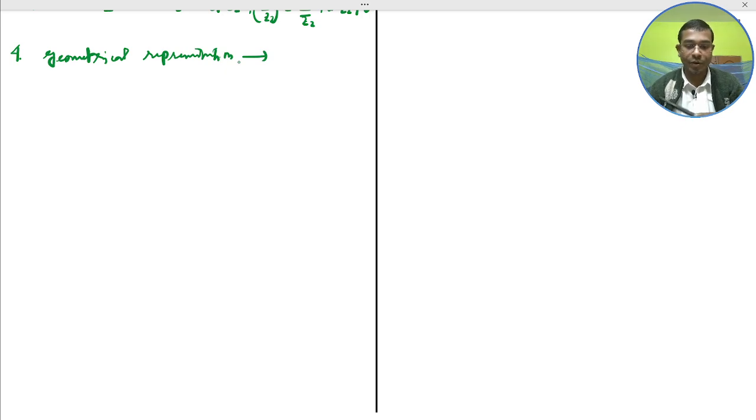Geometrical representation of a complex number. Suppose that z equals x plus iy.